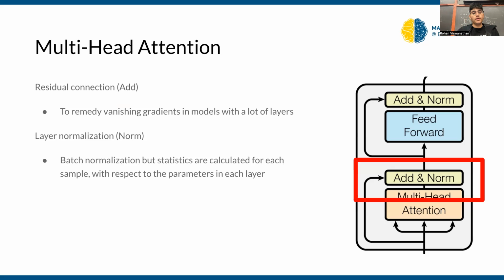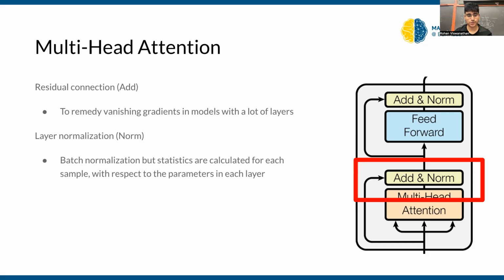Batch norm, we talked about before, is kind of normalizing horizontal batches, making sure that the mean and standard deviation are normalized. But here, statistics are calculated for each sample with respect to the parameters in each layer. So you can think of batch norm as kind of like a horizontal norm, and layer norm is actually like a feature norm that is done vertically.